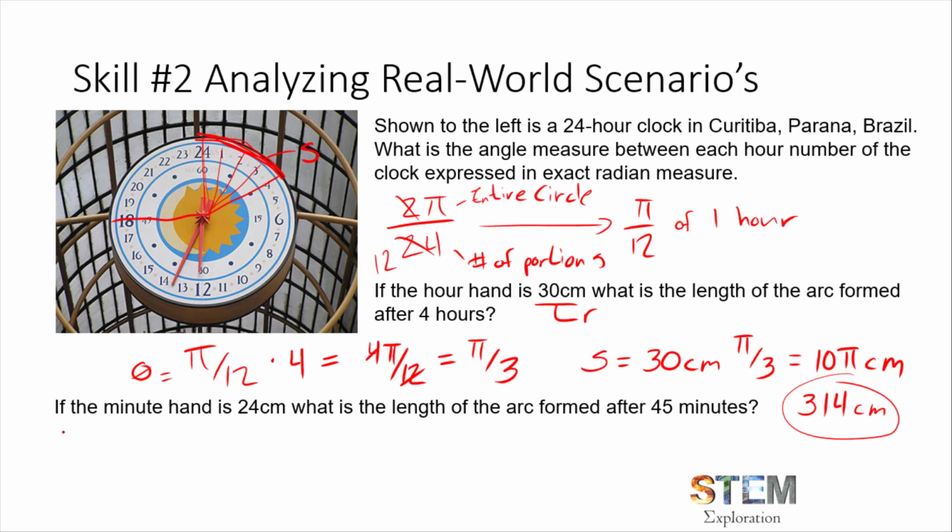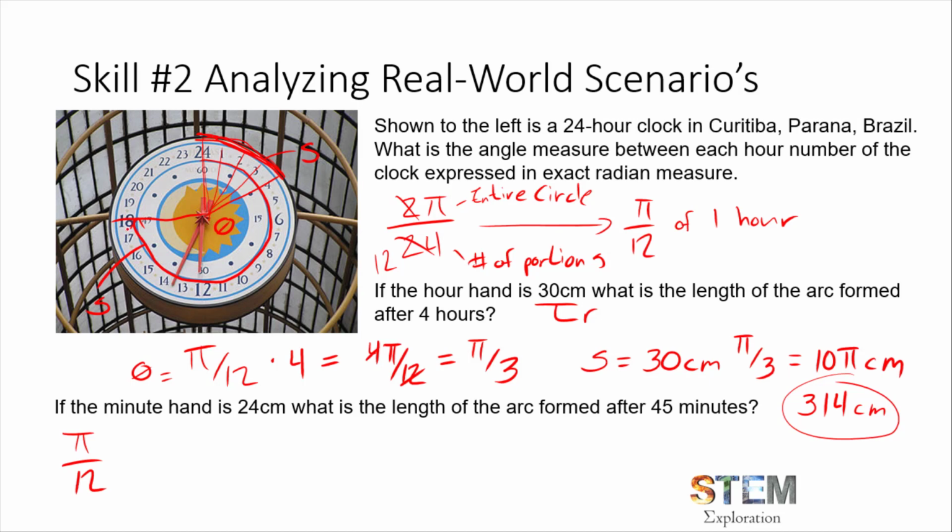All right, and if we want to figure out how far the arc is made by the minute hand, which goes from here all the way around, back up to here, and we want to find that arc length, well, we need to find that theta value. So pi over 12 is equal to each hour.